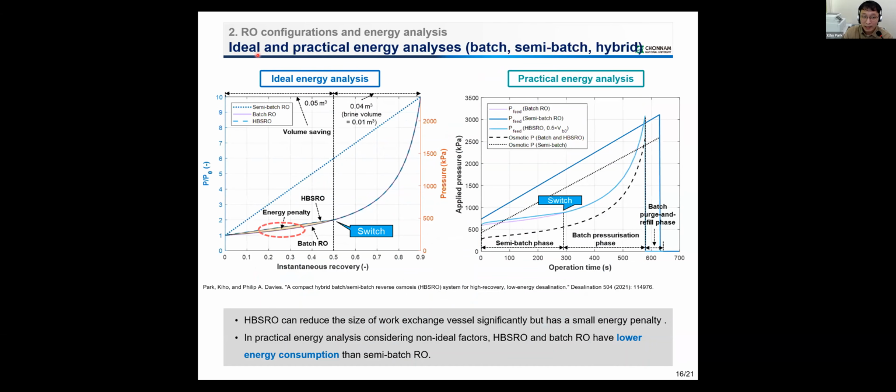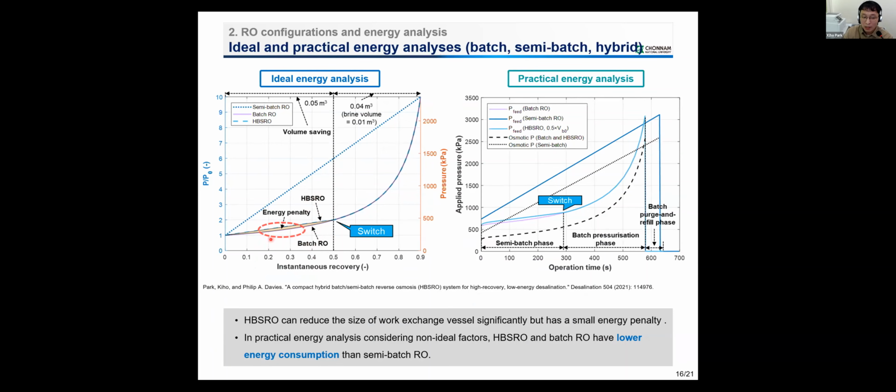This is the ideal and practical energy analysis. And as you can see, this is the ideal energy analysis, and energy penalties arising by employing the hybrid batch RO system. However, the size of the work exchange vessel can be significantly reduced by employing the hybrid batch RO system.